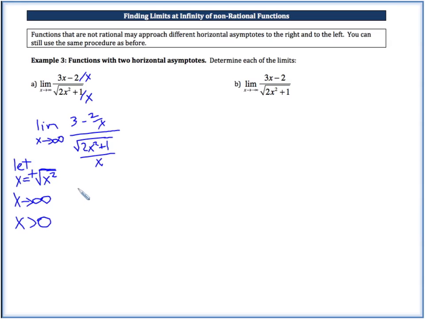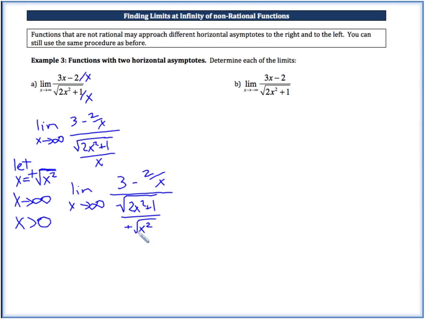And so now we have the limit as x goes to infinity. The numerator is still 3 minus 2 over x. The denominator now becomes the square root of 2x squared plus 1 over the positive square root of x squared.